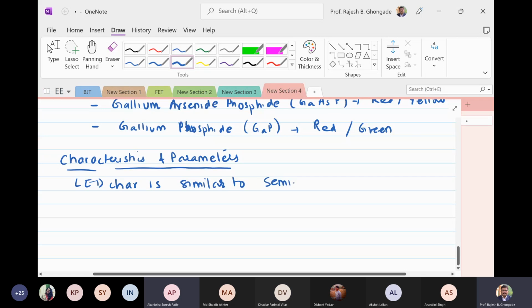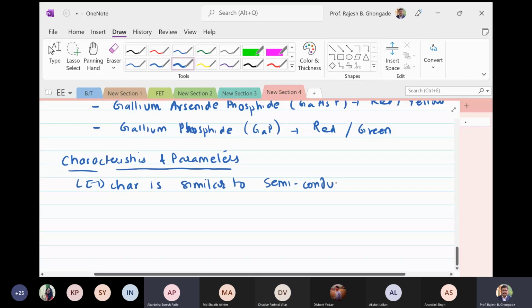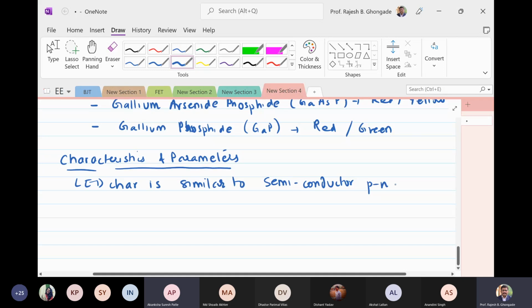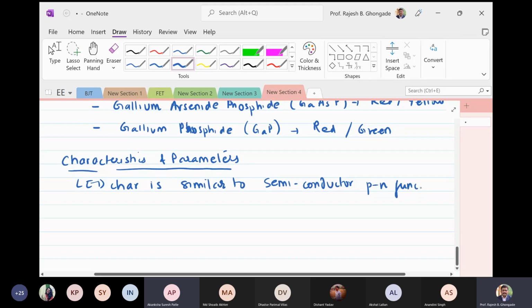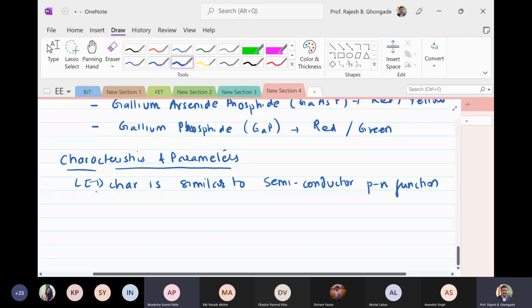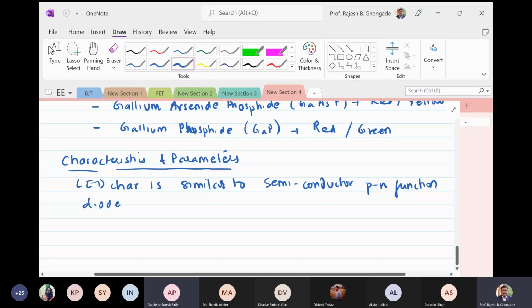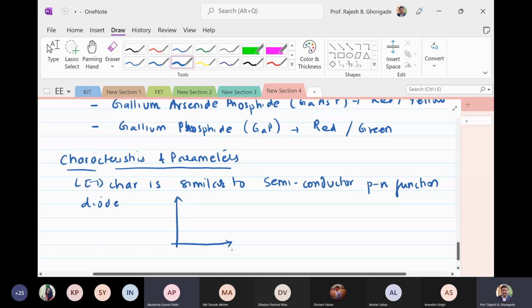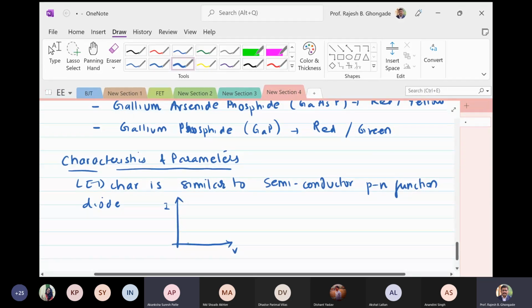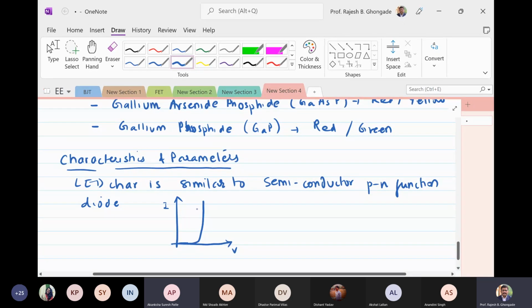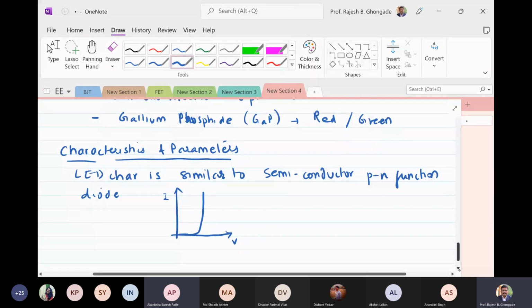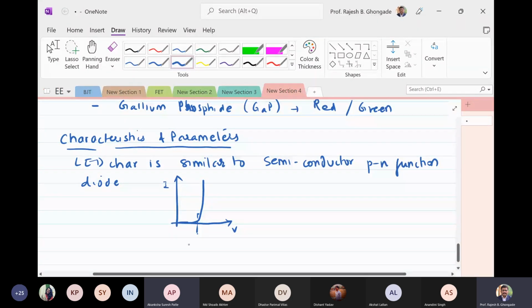Semiconductor PN junction diode, which we have seen quite a lot of times. However, the only difference is that the cut-in voltage is not 0.7 volts, but it is 1.6 volts. This is a very important difference.